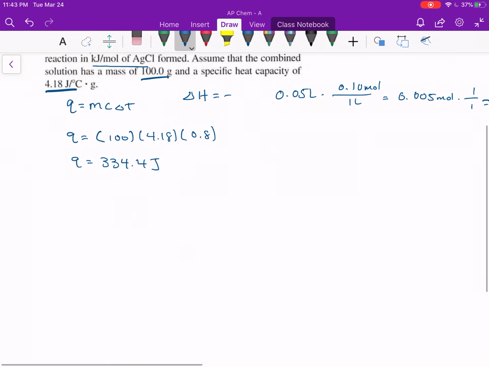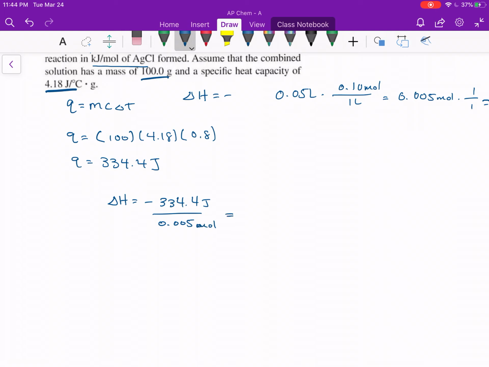So if we go back to our Q, if we want to figure out what delta H is, we know delta H is going to be negative because the temperature increased. And in here we know that that's going to be 334.4 divided by 0.005. That's joules. This is moles.